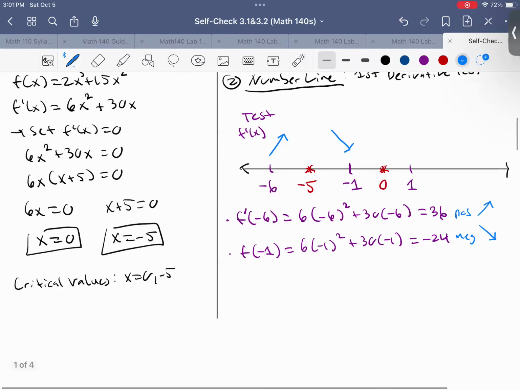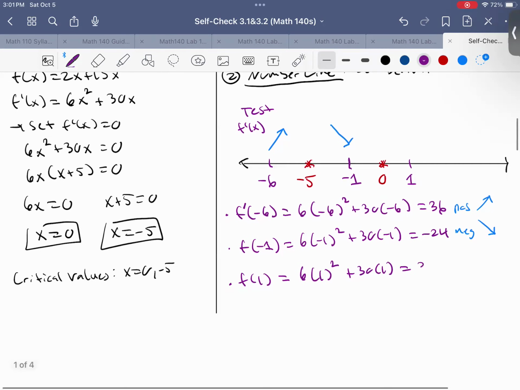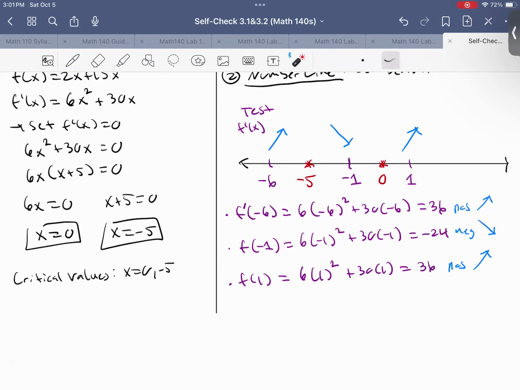All right, let's check out this last one. So this is f'(1), should be quite similar. So 6 times 1 squared plus 30 times 1. And what this ends up being is 36, which is positive, but that just means it's increasing. So we are increasing until -5, decreasing after -5, and then increasing after 0.